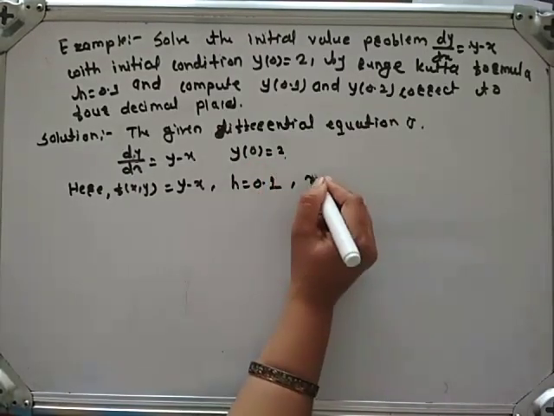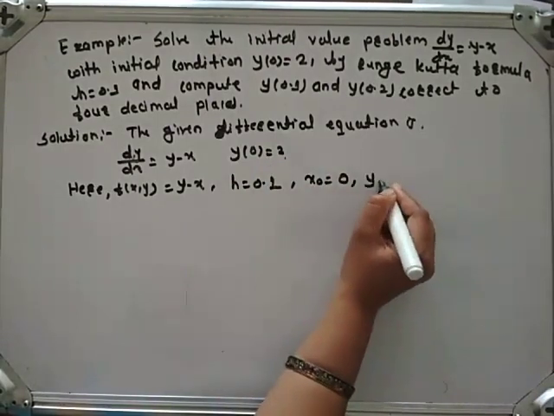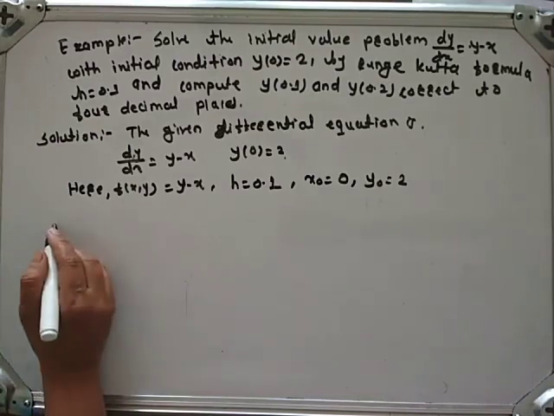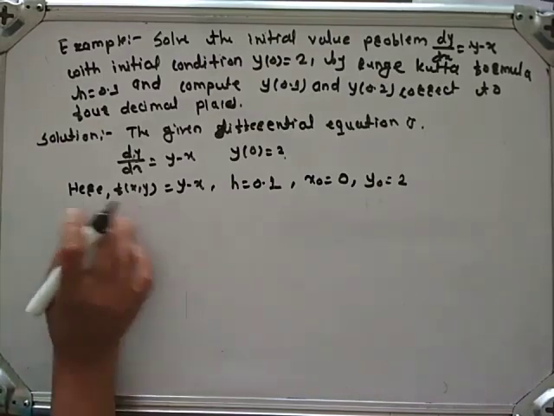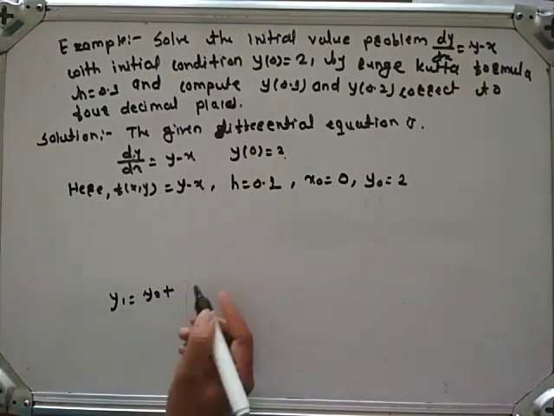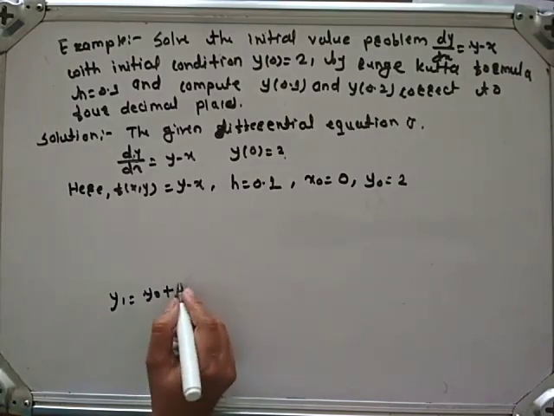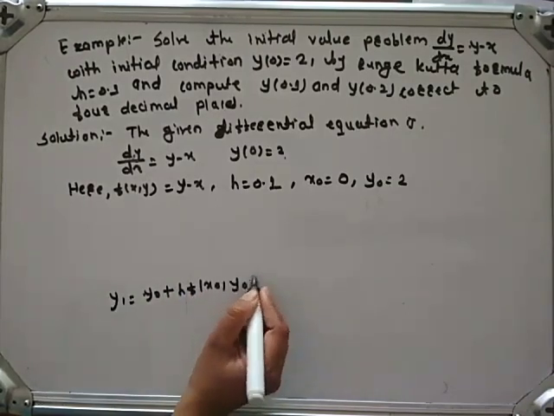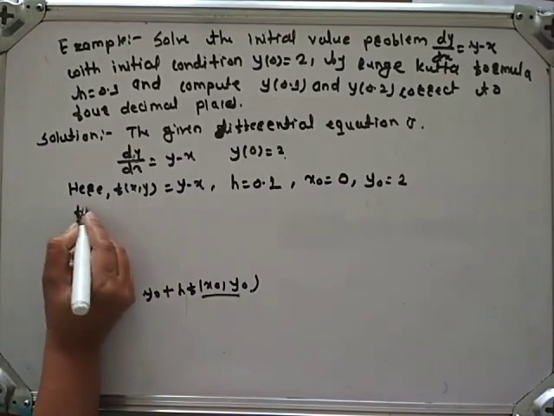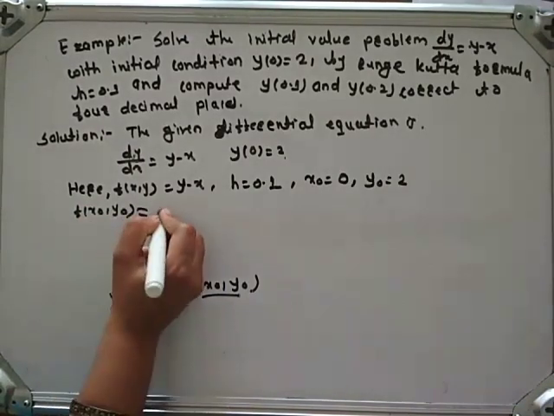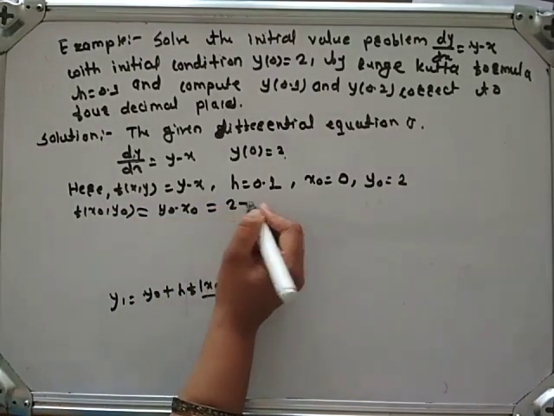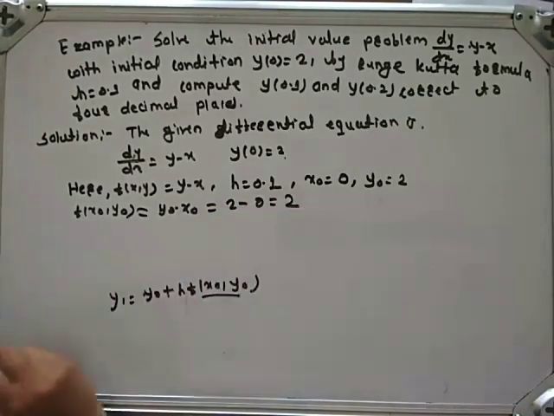Y of 0 is equal to 2 means x0 is equal to 0 and y0 is equal to 2. So first we require f of x0, y0, which is y0 minus x0, that is 2 minus 0, which is equal to 2.